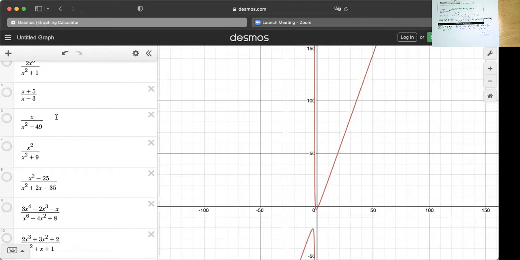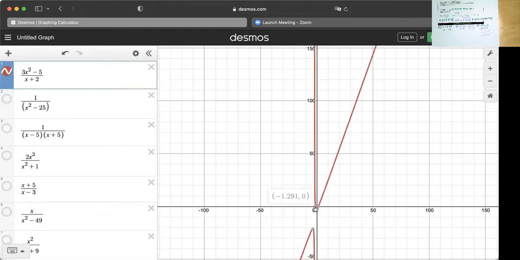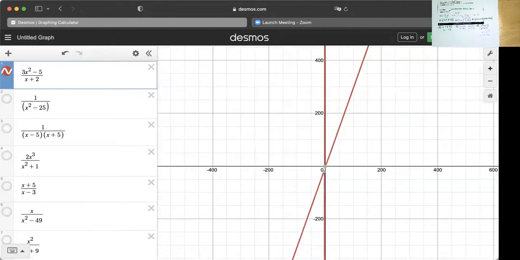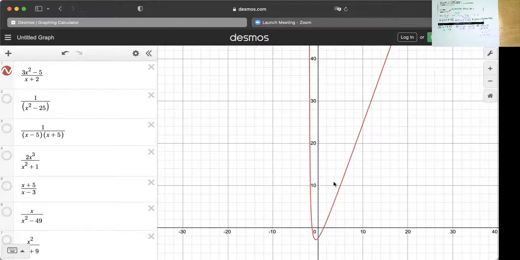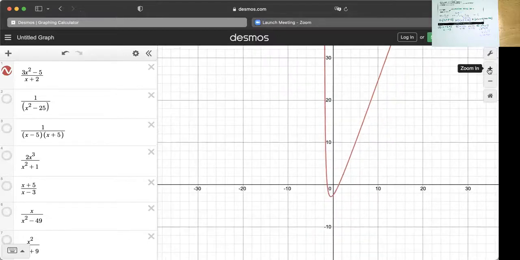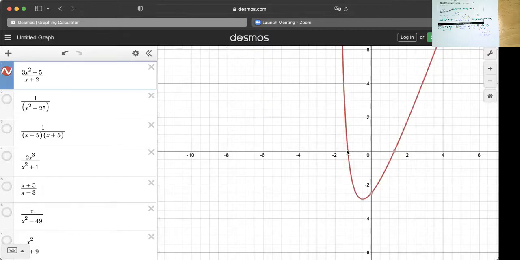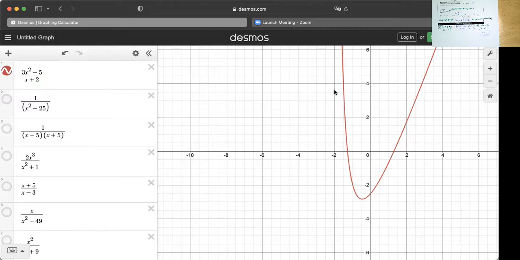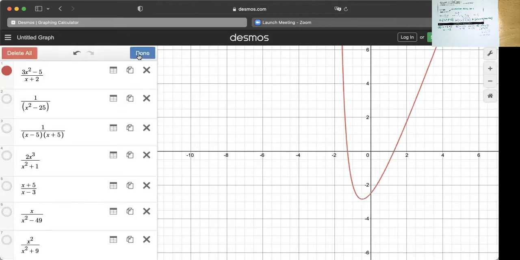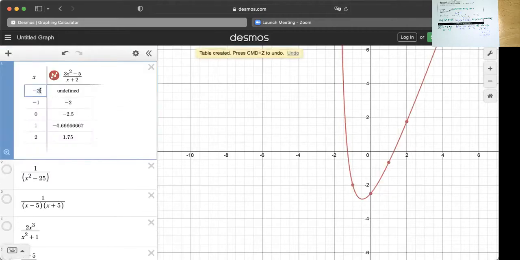And we said that it cannot be -2, okay? So as we approach -2 on the graph, let me zoom in. Let me zoom into -2. And you'll see that this graph gets closer and closer, but it never touches -2, right? And if I made a table for -2, -2 would be undefined for this one, okay?